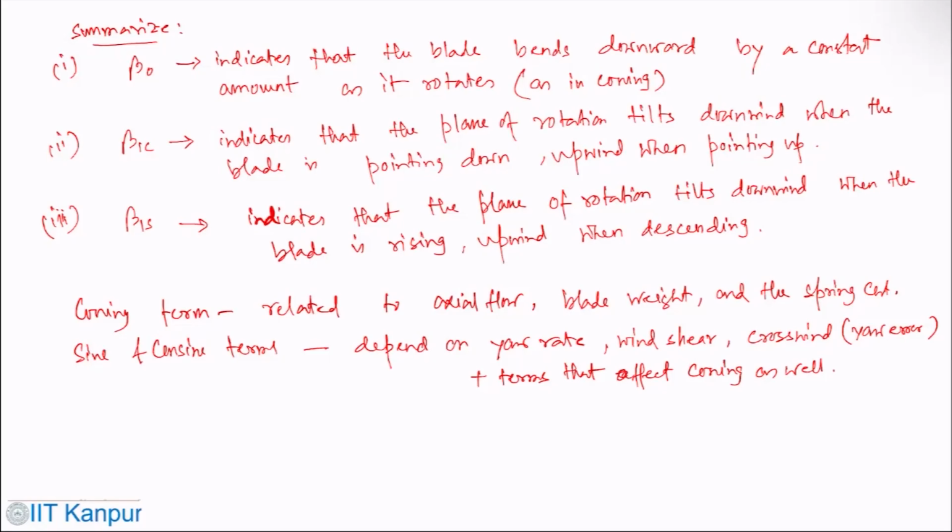Okay. So now we apply the assumption that the flapping angle can be expressed as beta equals beta naught plus beta 1c cos psi plus beta 1s sin psi.